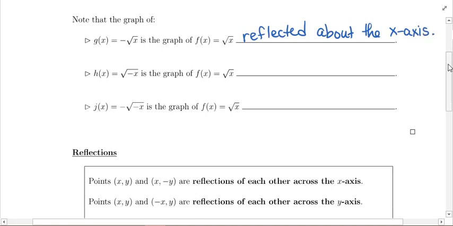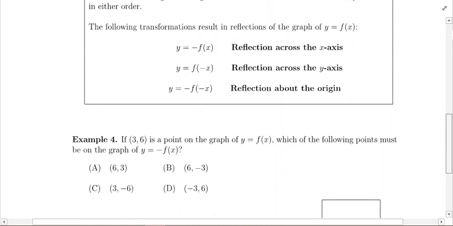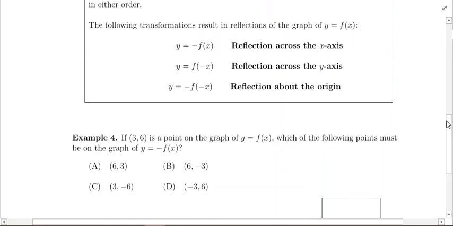At the bottom here, I'm kind of jumping around, but here's the transformation rule. If you start with an original function, f of x, and all you do to it is put a negative sign out front, that is going to cause you to reflect the original graph about the x-axis.